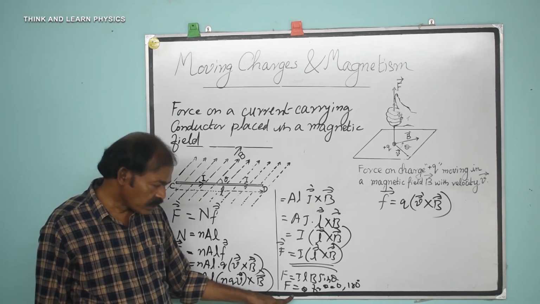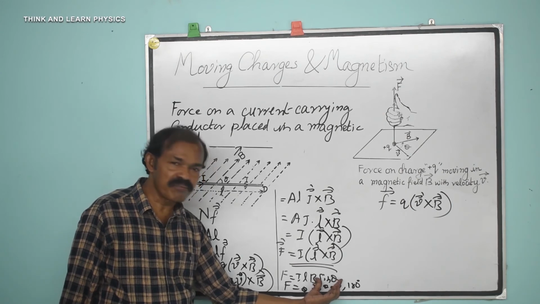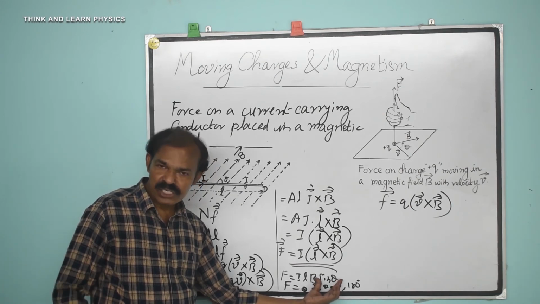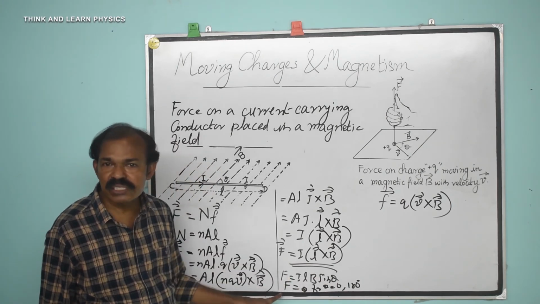Now, the maximum value of this force is given by the maximum value of the sine. The maximum value of sine of an angle equals 1, and here this occurs when theta equals 90 degrees.